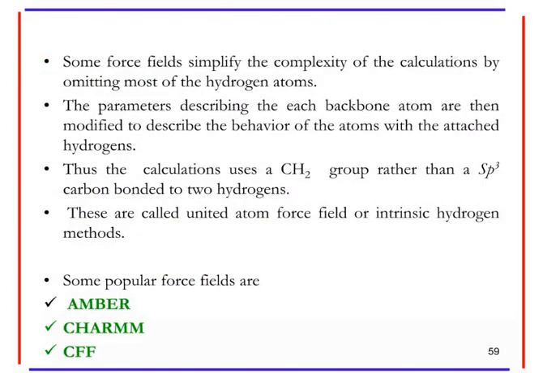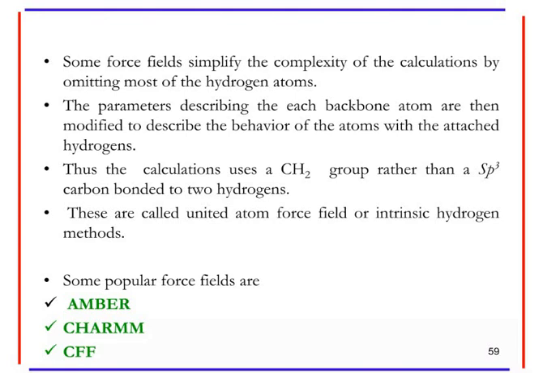So some force fields simplify the complexity of calculation by omitting most of the hydrogen atoms. So parameters describing such backbone atoms are then modified to describe the behavior of the atom with the attached hydrogen. Thus the calculation uses a CH2 group rather than an sp3 carbon bonded to two hydrogens. So these are called united atom force fields or implicit hydrogen methods.